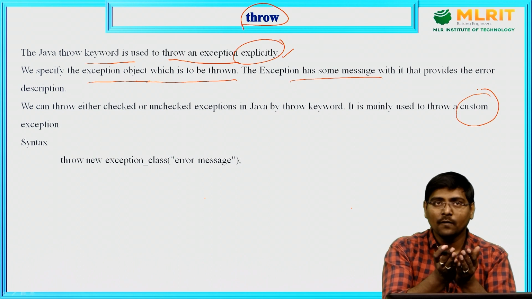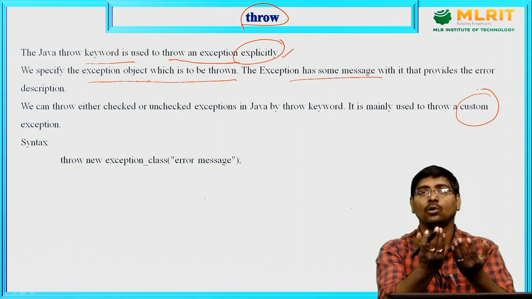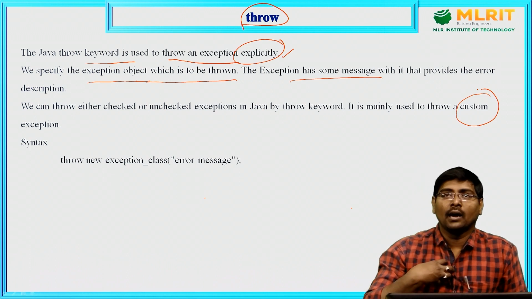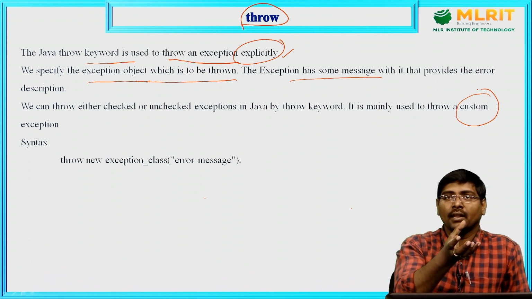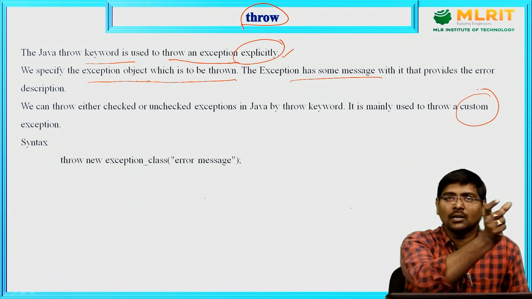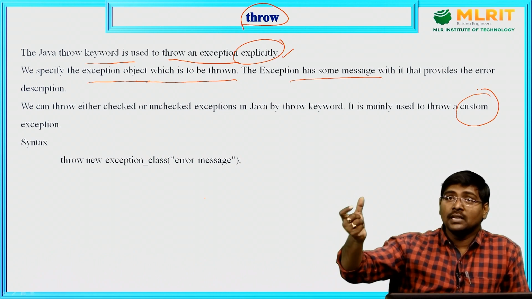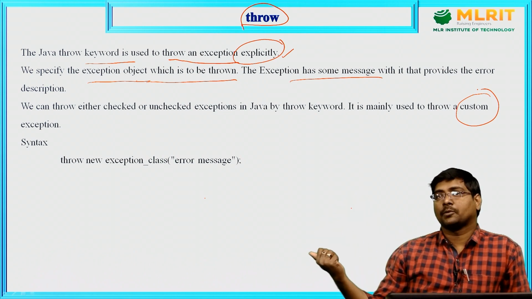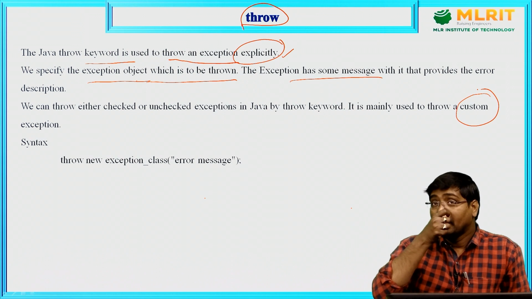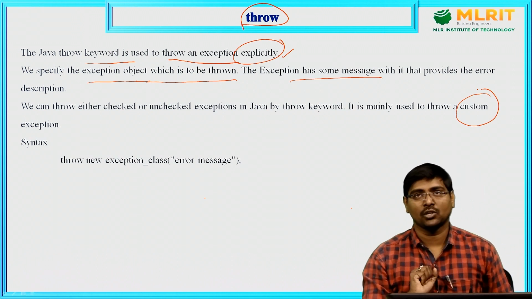In the case of user-defined exceptions only, the user is allowed to throw. For example, if my age is less than 18, I want to throw some exception. Age less than 18 is not prescribed anywhere. Suppose some other person may throw an exception if age is less than 15. Now you got the point. Depending on our requirement, we can throw our exceptions.